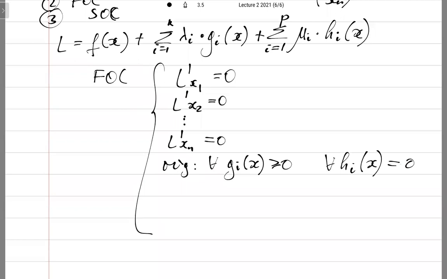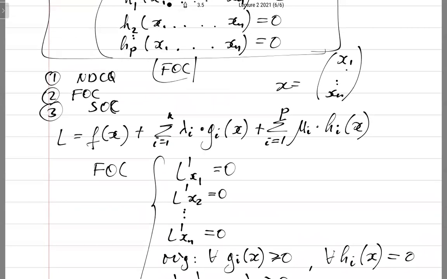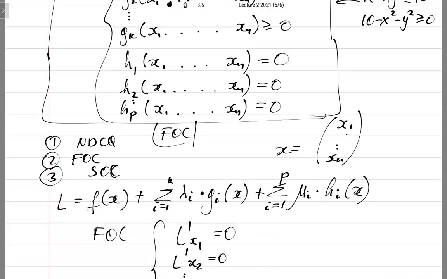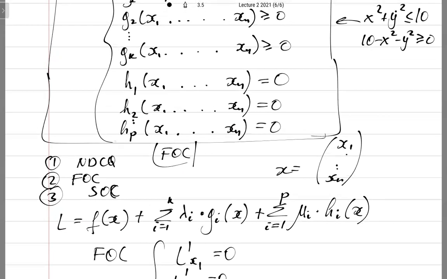Now, as we have discovered when we work with inequality constraints, lambda should be non-negative. So lambda 1, lambda 2, lambda k are non-negative. There are no conditions for mu because mu are the factors before all the equality type constraints.